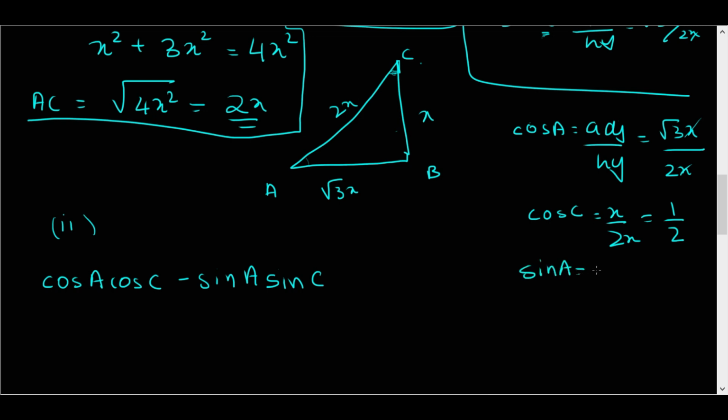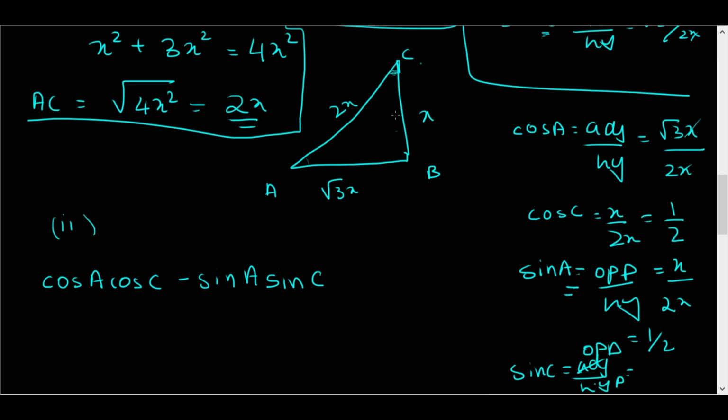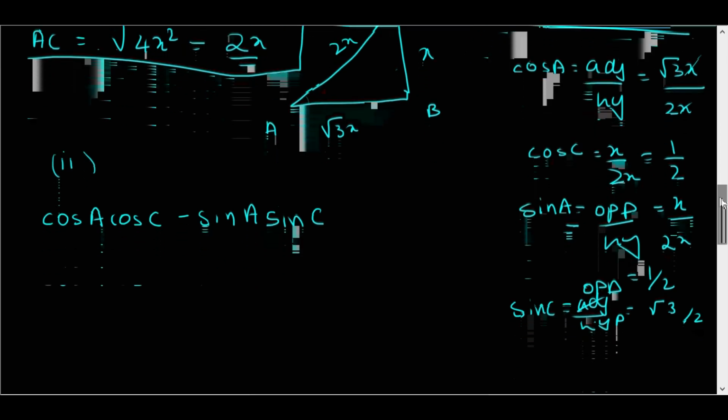Sine A is opposite by hypotenuse with respect to A. So that would be x by 2x, that's half. And sine C is opposite by hypotenuse with respect to C. So that would be root 3 by 2. With respect to C, opposite is root 3, hypotenuse is 2x, of course.